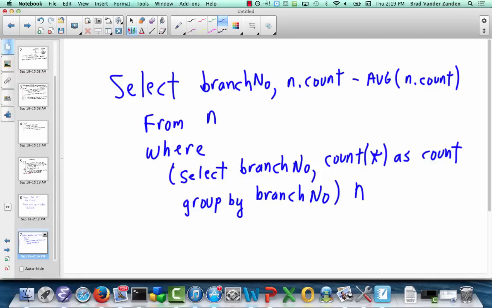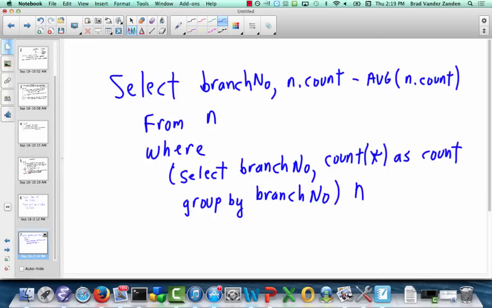And this produces an answer that looks right, but is actually wrong. The reason it's wrong is that in regular SQL, this would actually give you an error.